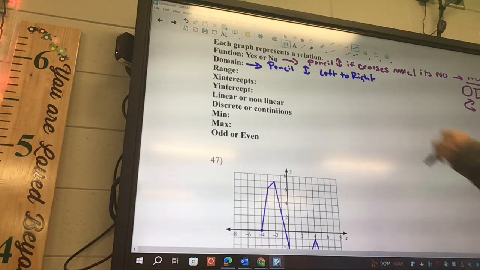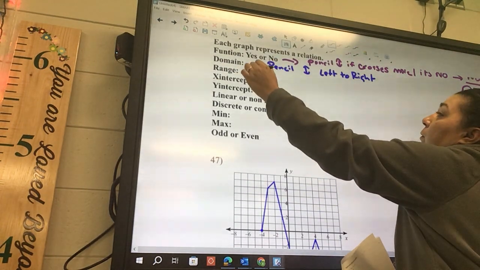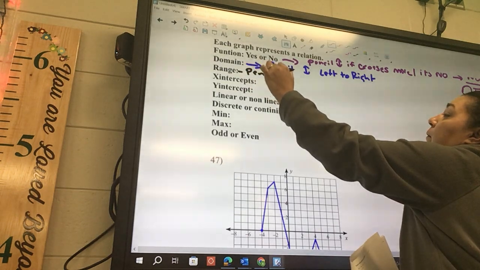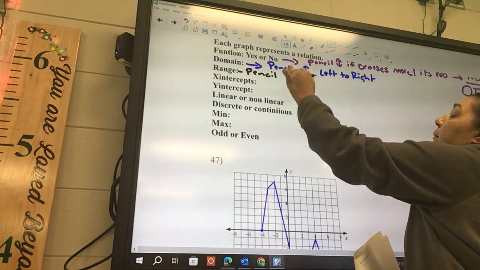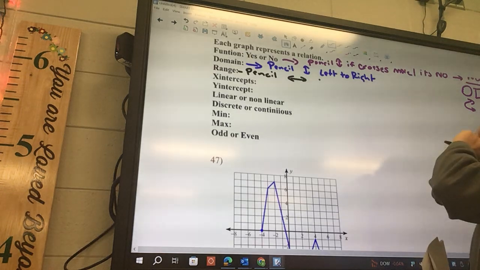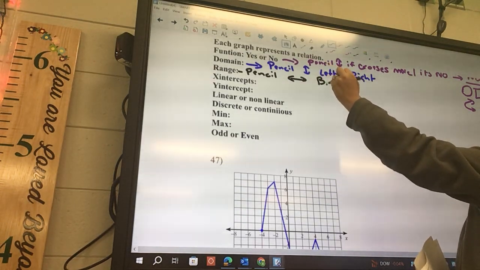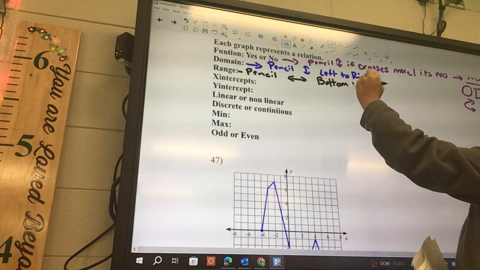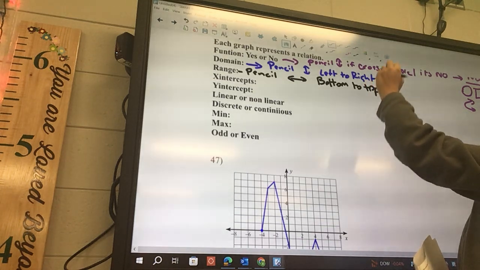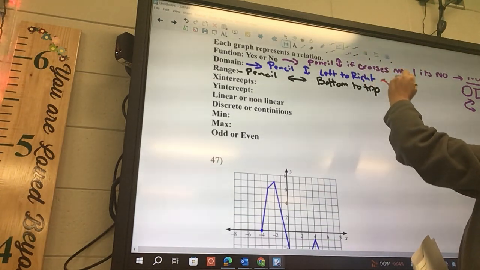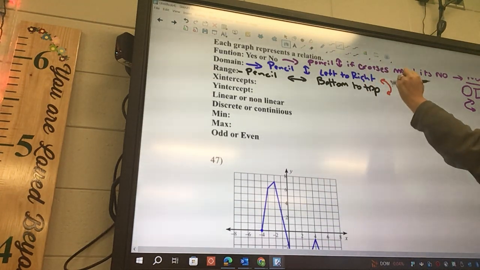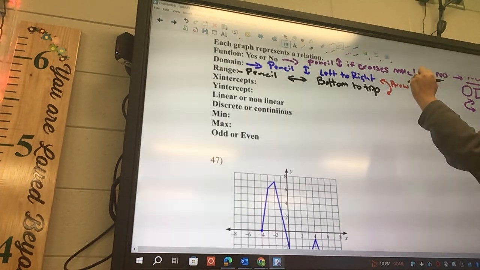Okay, for the range, our pencil's gonna go this way, and we start from where? The bottom to the top. And just so I don't forget for both of these, if there's an arrow, what does that mean? It never ends.